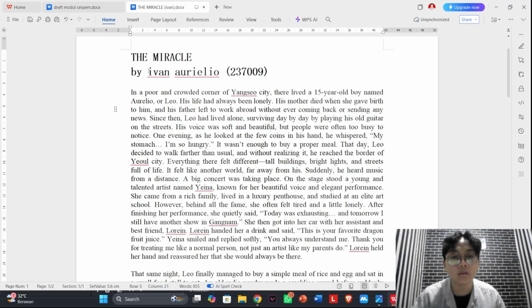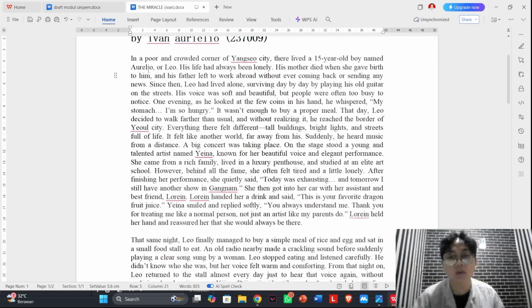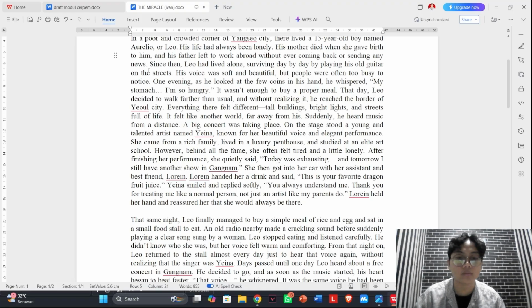The story tells the journey of the character Leo, a young street musician who struggles through poverty and loneliness before finally achieving his dream with the support of Yena. While writing this story, I made sure that it followed the generic structure of narrative text, including the orientation, the complications, the resolution, and of course the moral value.